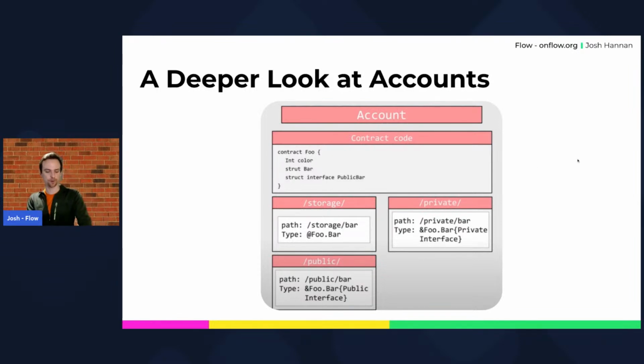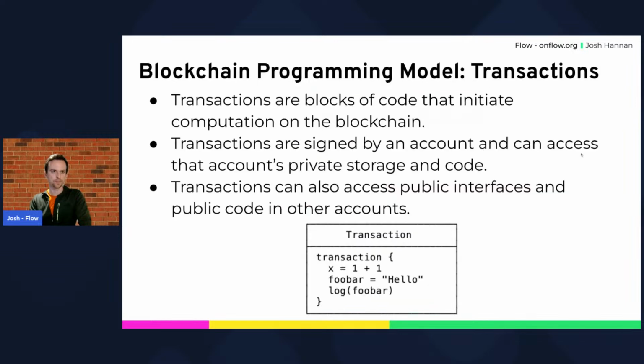The capability part of Cadence definitely has a bit of a learning curve, but it's one of the most powerful features of Cadence's security model and access control model that opens up a lot of possibilities with how you can control access. And I'll explain a little bit more about it later.